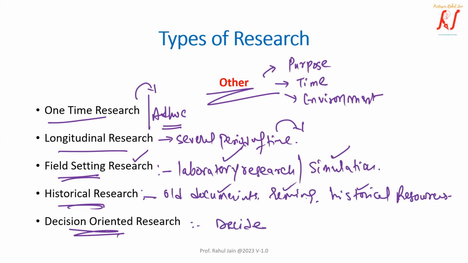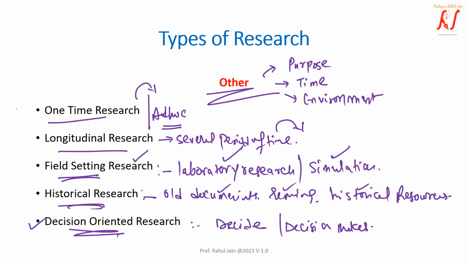This is always in the need of decision makers, who make policies or different decisions which impact larger humanity or any kind of community. In that particular kind of field, decision oriented research may be used.